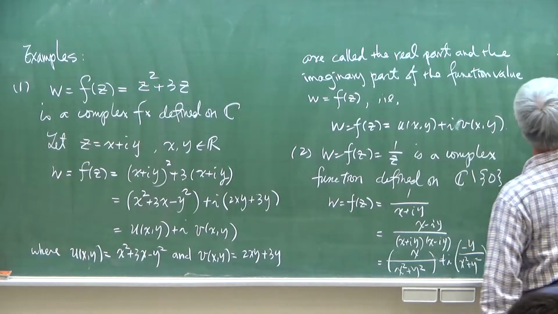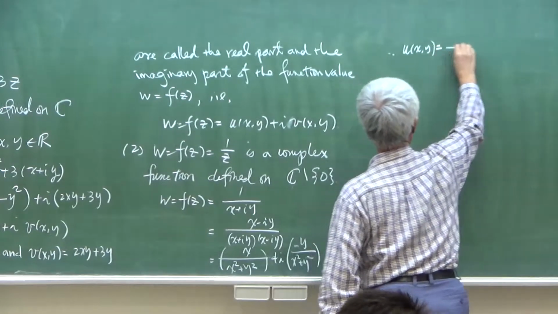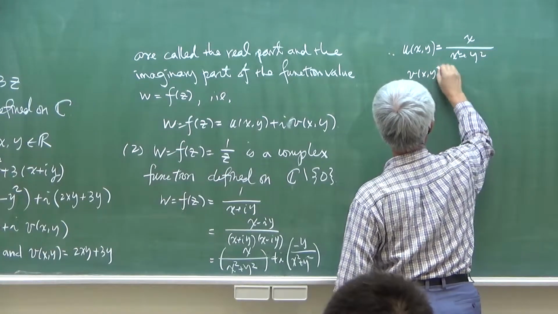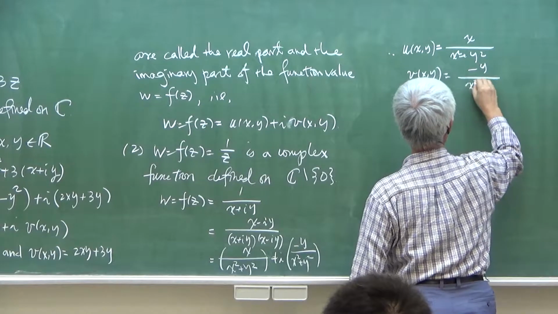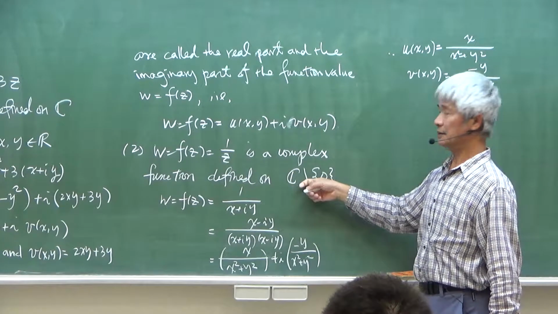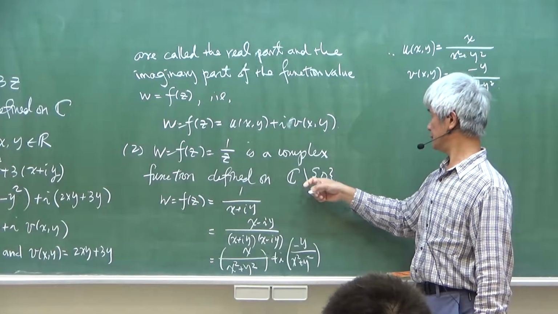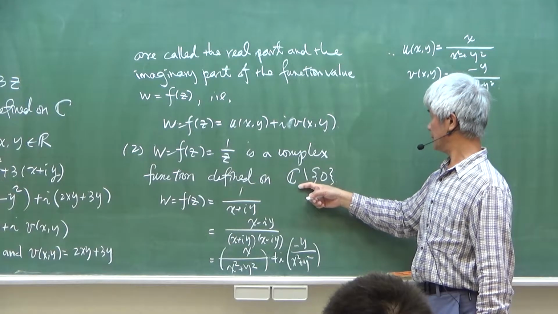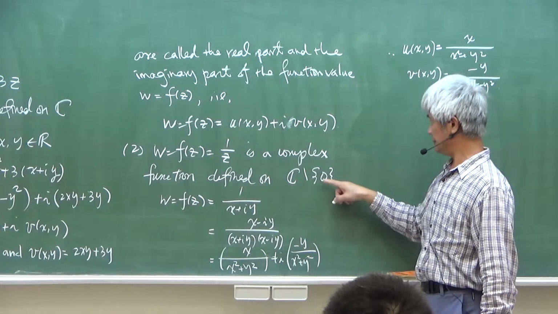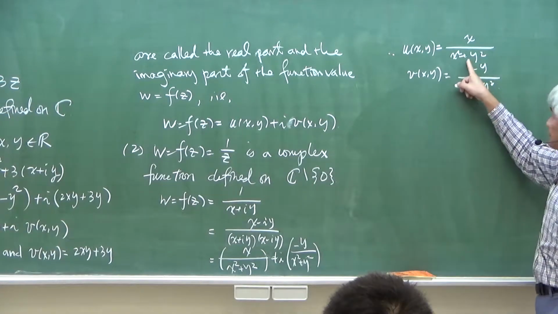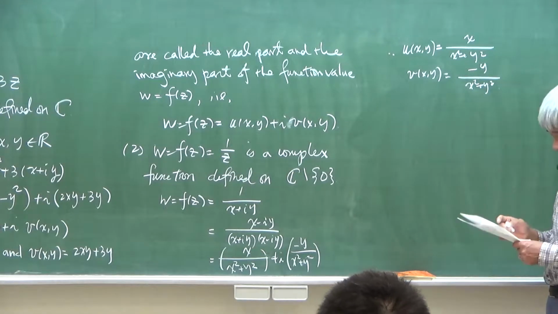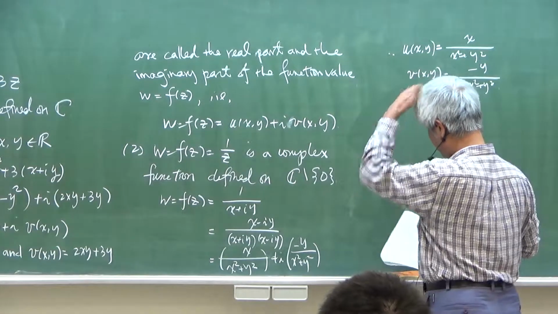So u(x,y) becomes x over x squared plus y squared, and v(x,y) becomes minus y over x squared plus y squared. And remember, because the domain does not contain 0, the denominator cannot be 0. So this is what we define.